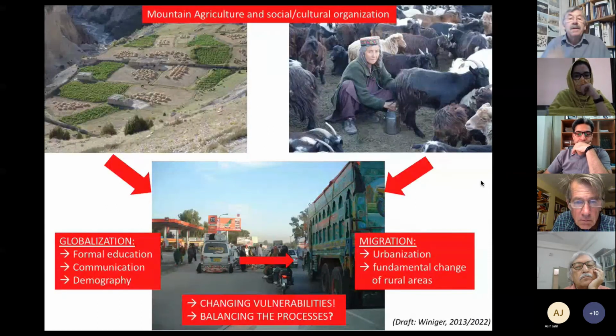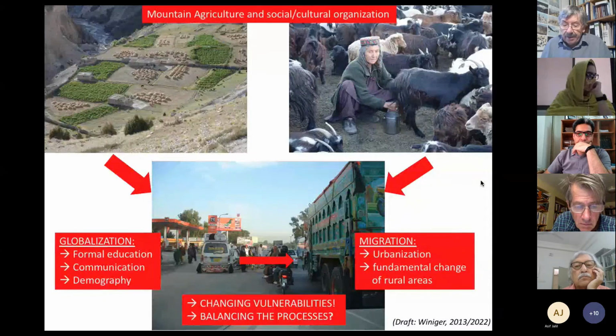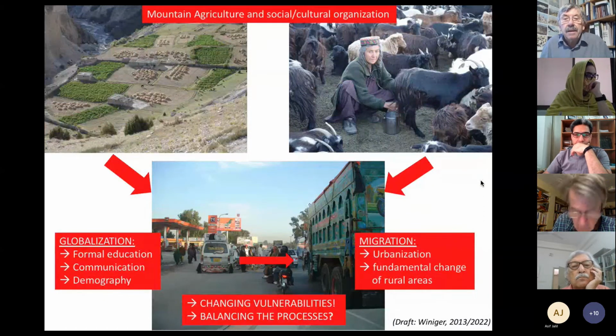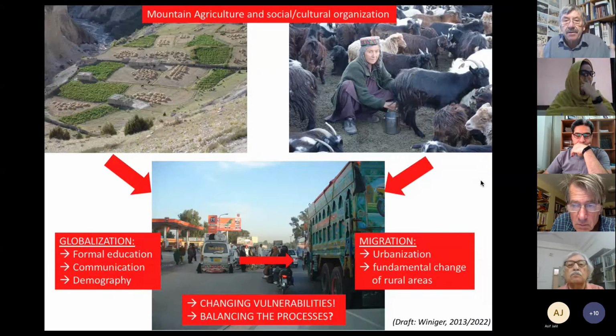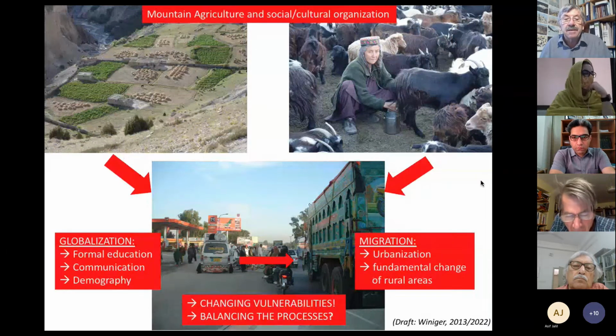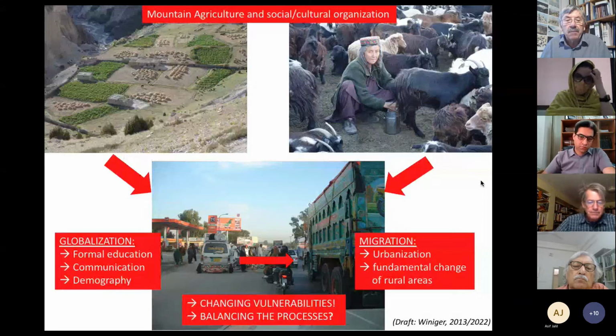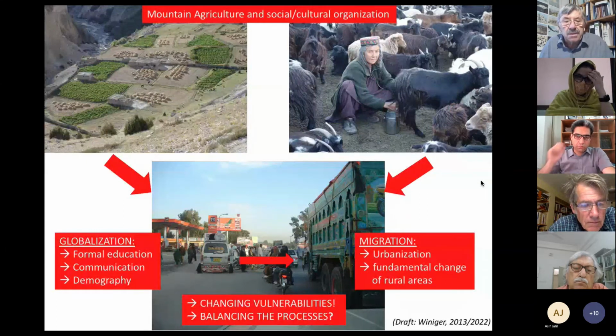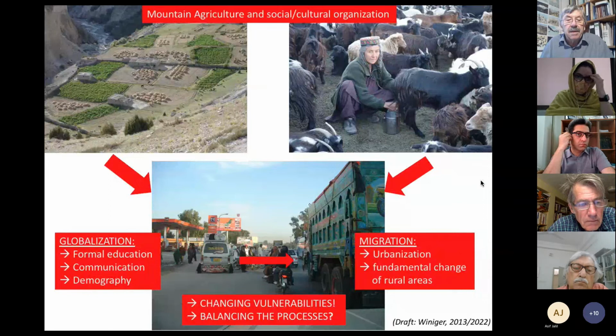Next, yes. In a very simple way, you can go wherever you want, especially close to areas which are opened by roads and so on. We have a dramatic change in the mountain agricultural, social, cultural organization. On the left lower part, you see what's happening. Of course, globalization is going everywhere now.